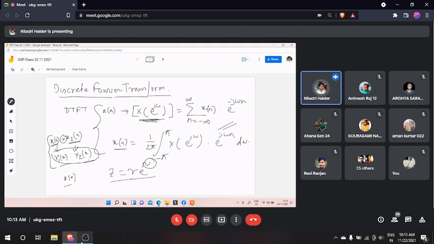In that case also, in DTFT, if you have seen, you can see that the sequence that we are considering, the sequence range is from minus infinity to plus infinity. Means it's an anti-causal sequence. Anti-causal sequence means if the sequence value for less than 0, if you have, then anti-causal.